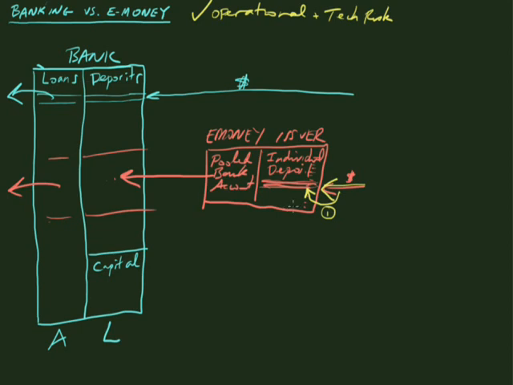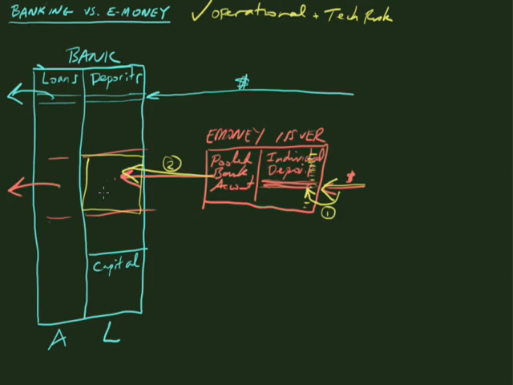The second operational risk that needs to be taken into account is making sure that the sum of all the individual accounts is equal at all times to the size of the pooled bank accounts, so that if there's more money coming into the system, that this money is transferred over in real time into the bank account.